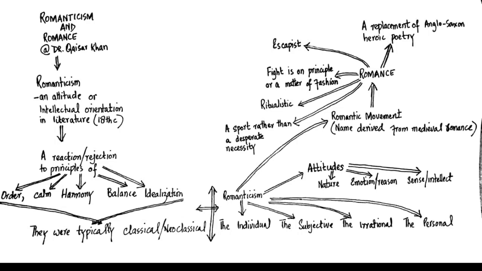And one such trend in the pre-Romantic era was a new appreciation of the medieval romance, from which the Romantic movement derives its name. So one point that we have established so far very clearly is that the name of this movement, romantic movement or romanticism, has been derived from medieval romance that we have already learned in our previous lecture.